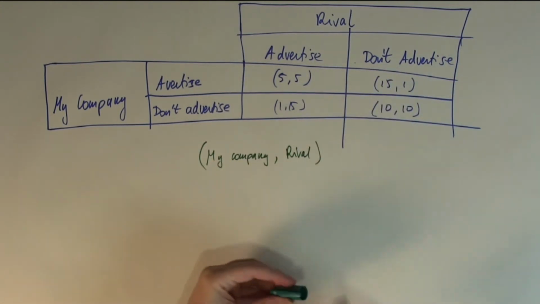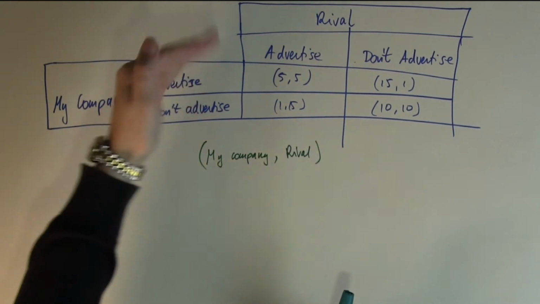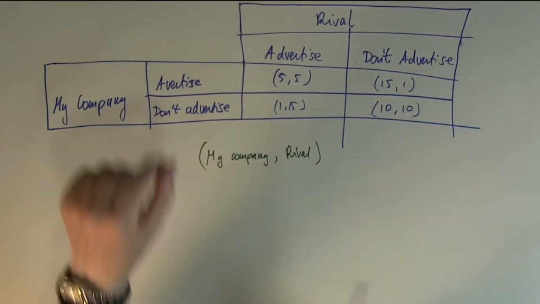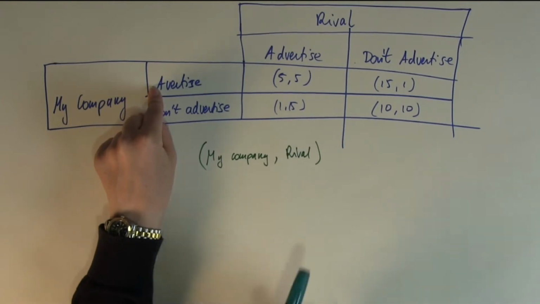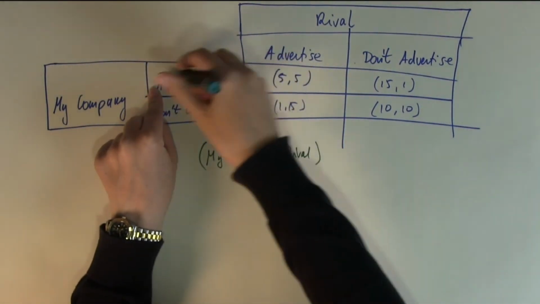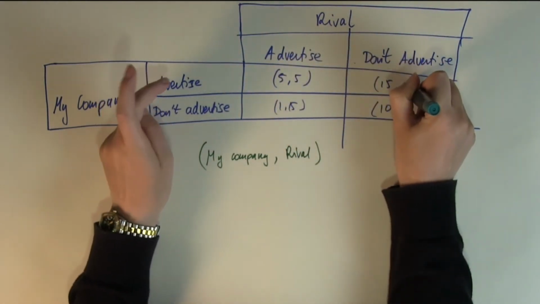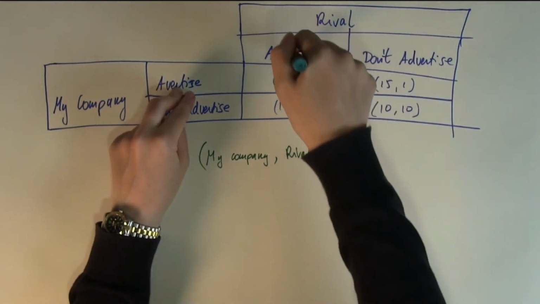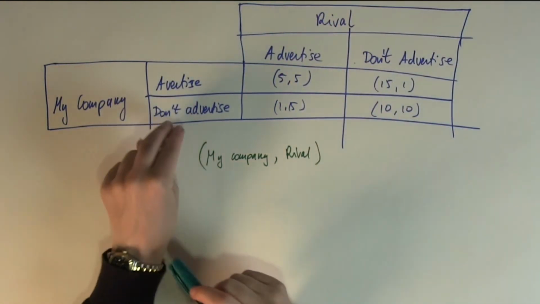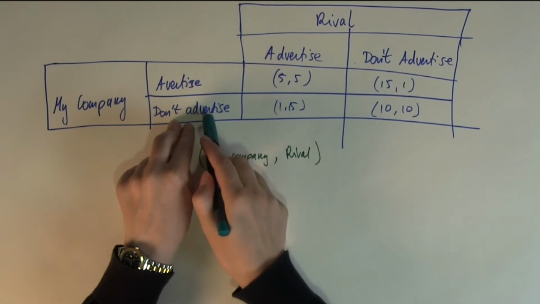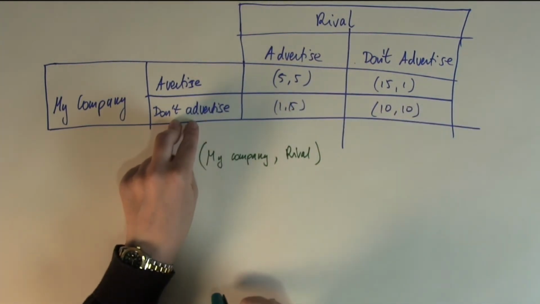Similarly, the other two. And this is where the different rows and different columns come in. This is me advertising. So in this scenario, these two number combinations in here are when I advertise and my rival either advertises or doesn't advertise. And this scenario is when I don't advertise and my rival is either advertising or not advertising.